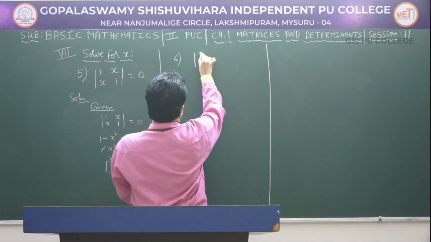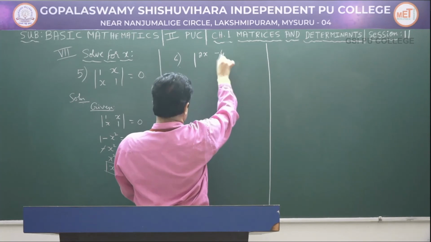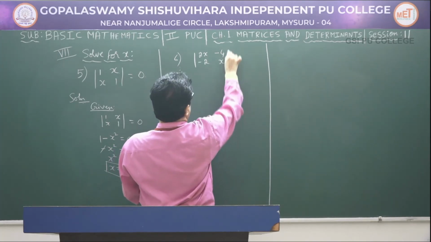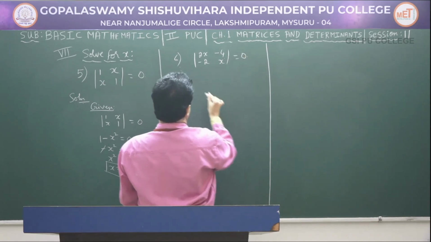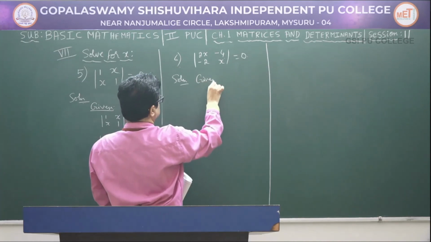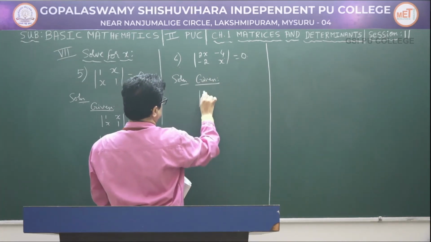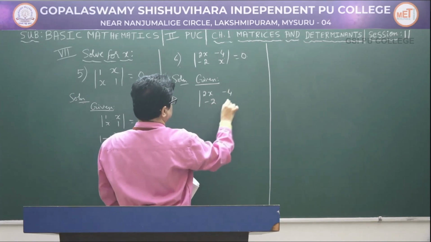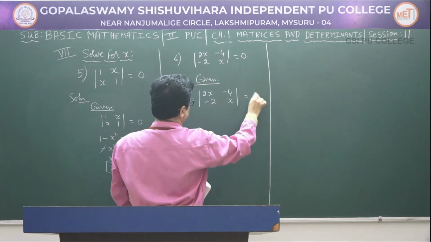Determinant of 2x, minus 4, minus 2, x will be equal to 0. Solution.